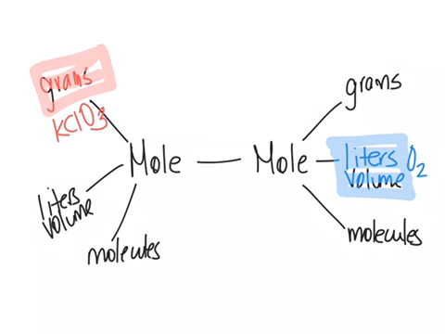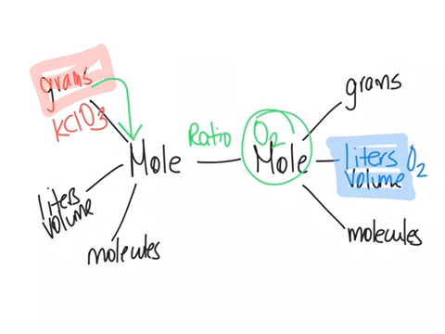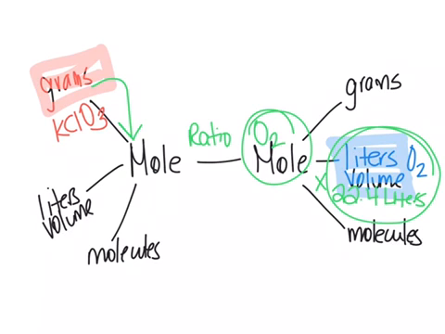So you're going to have to first take those grams of KClO3 and convert that number of grams to moles of KClO3. Then you use your mole to mole ratio in order to get from KClO3 to O2. And then all you have to do is take those moles of O2 and multiply it by 22.4 liters. And that will tell you how many liters of oxygen.